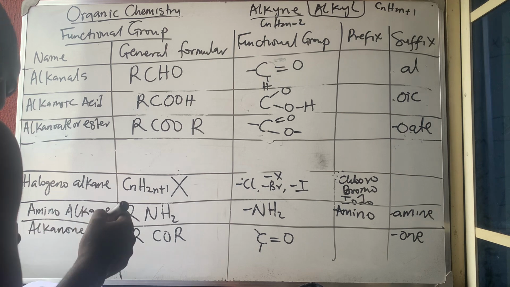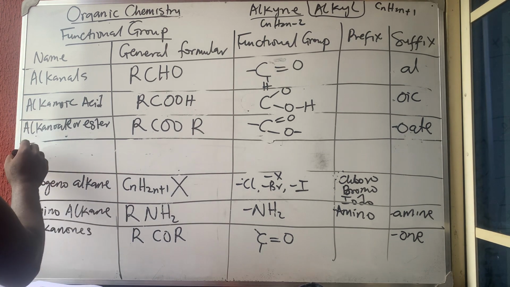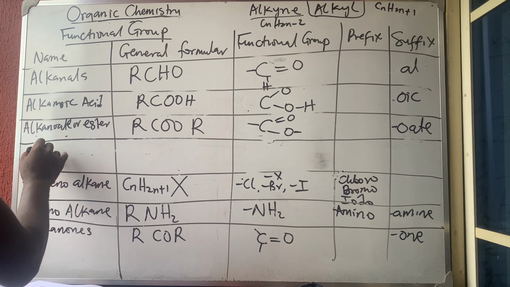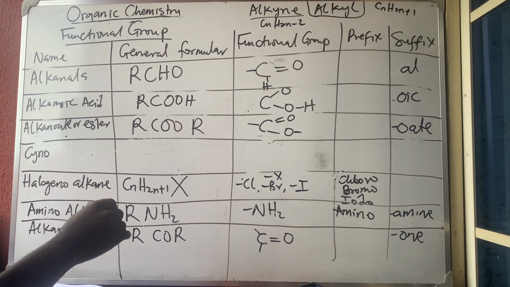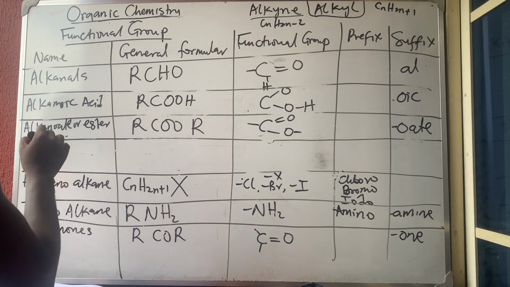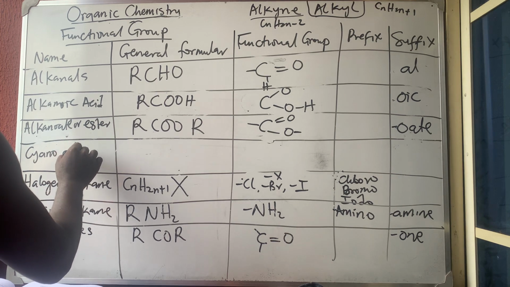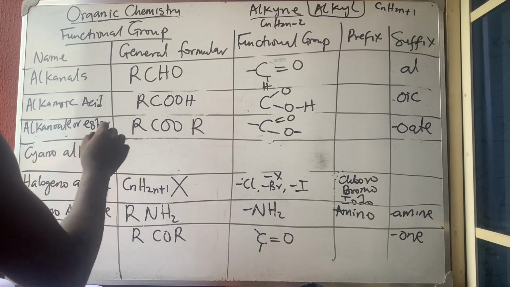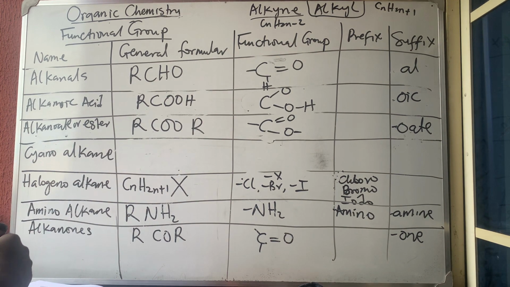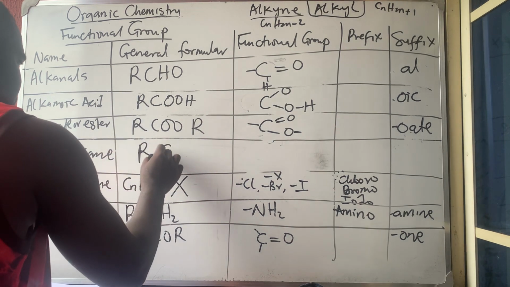So the next one, the cyano alkane. Now, for the cyano alkane, we have CN attached to it. That is R with your CN.